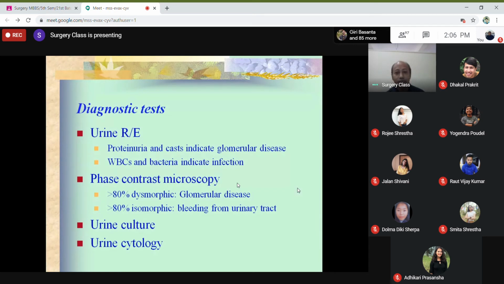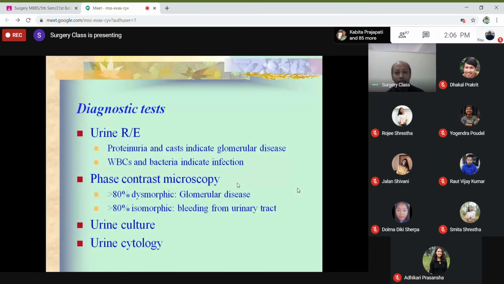What we look for in the urine routine is proteinuria, presence of protein and casts. Presence of protein and casts indicates glomerular disease, because casts are formed from deformed RBCs, and when these RBCs leak through the glomeruli, they come into the nephrons, tubules, and while passing through these nephrons, the morphology of the RBCs changes and they become irregular.